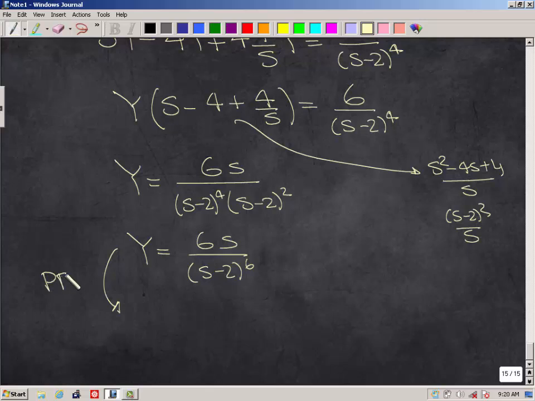Again, I'm not going to do that. It's going to be an ugly PFT because of that 6. But if you do PFT, you'll end up with, I'm sorry, 6 over s minus 2 to the 5 plus 12 over s minus 2 to the 6. That's what you'll get when you do PFT.